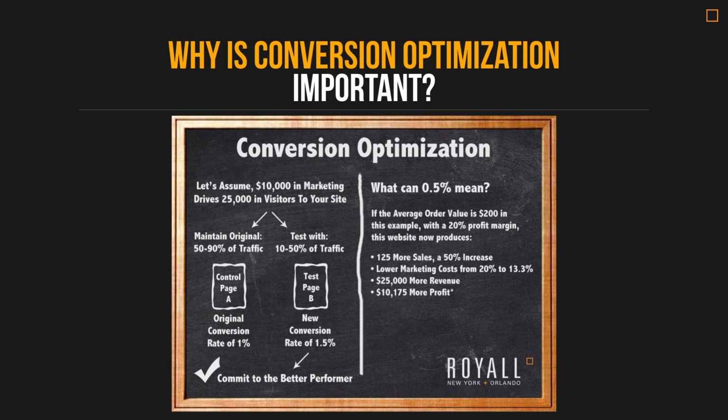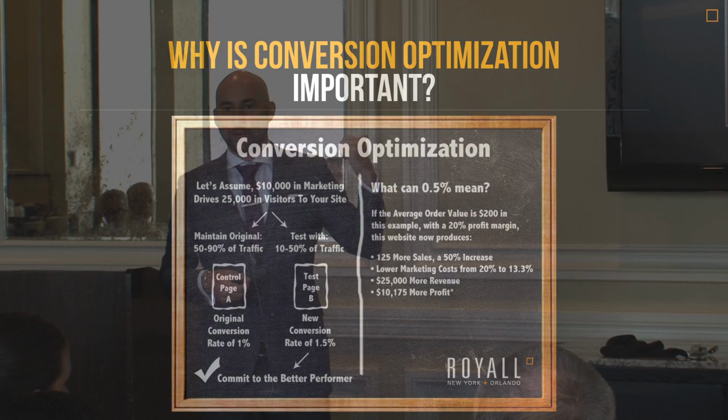It's lowering marketing costs, if you looked at it from a percentage of revenue, from 20% to 13.3%. And it's $25,000 more in revenue, which is $10,175 more in profit. That's the 20% margin there, which actually pays for the entire marketing campaign you are already doing every month beforehand.